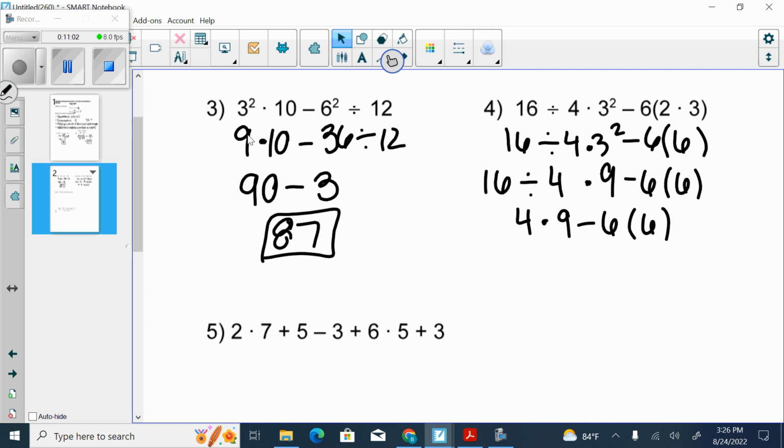Now what should we do? 4 times 9, which is very good. So I got 36 minus 6 times 6. Multiplication, what is 6 times 6? And what is 36 minus 36? Very good.